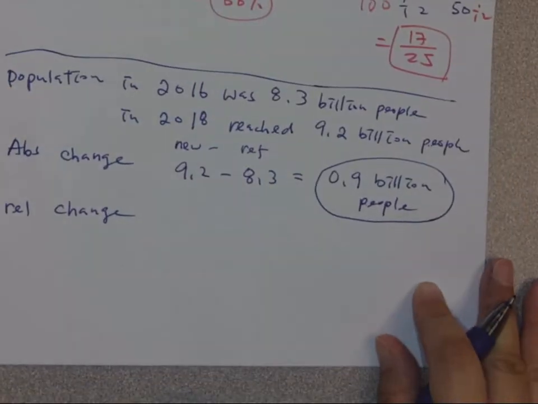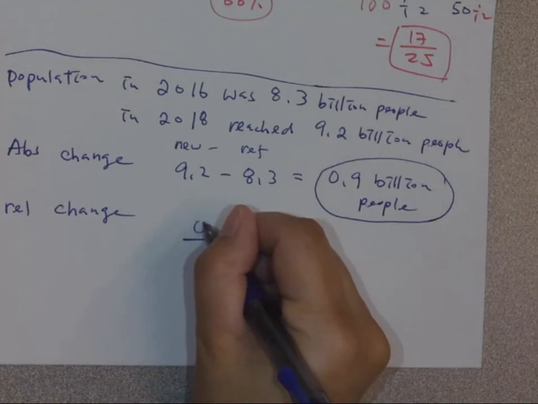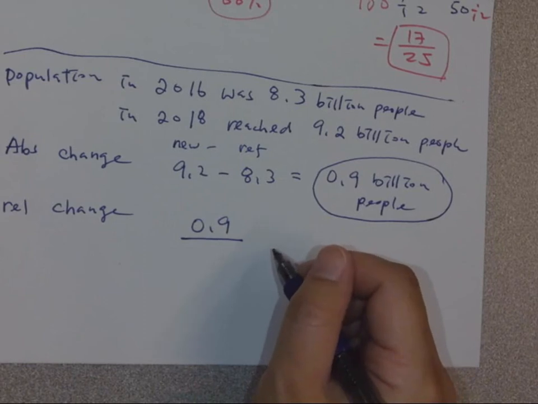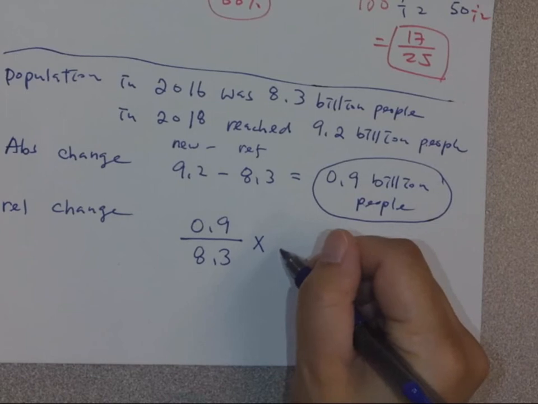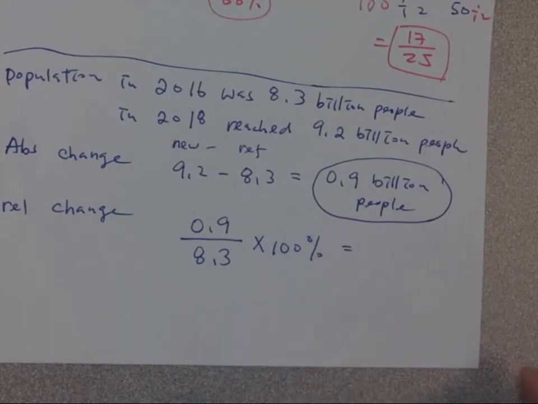How do we find the relative change? Absolute change over the reference. Which one is your reference? 8.3, the original amount, times 100%. Okay, so 0.9 divided by 8.3 times 100%, 2 decimal places.